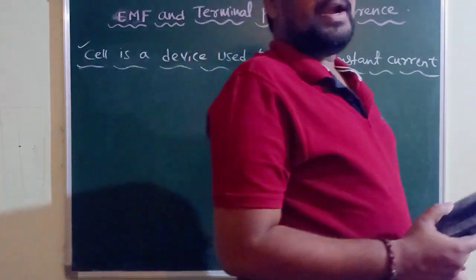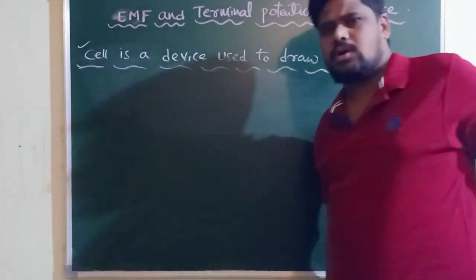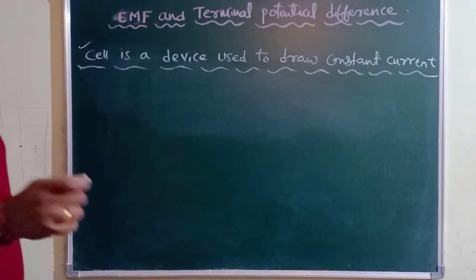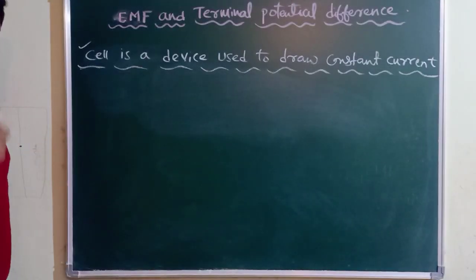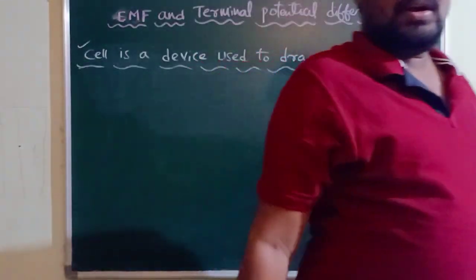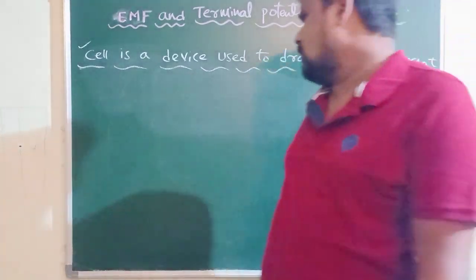So repeatedly we are using two important terms in electricity. One is the cell is used in a closed circuit. The other is the cell is used in an open circuit. What is the difference between a cell in closed circuit and a cell in open circuit?